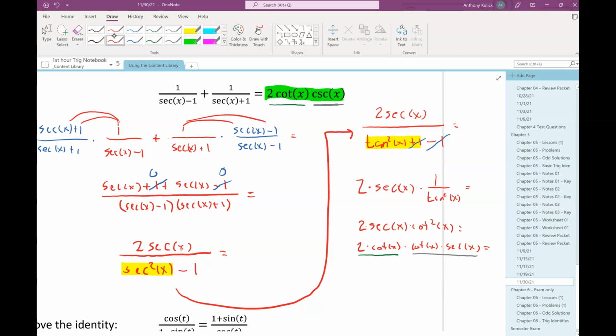So I'm going to go ahead and look at my identity sheet for things involving cotangent or secant and see if there's any of those identities that allow me to get a cosecant out of that. I see the winner in Q2, that cotangent is cosecant over secant.